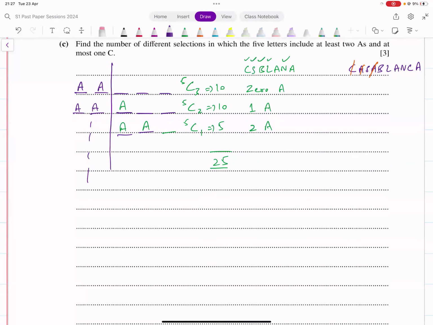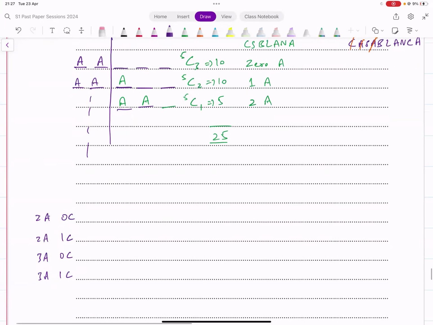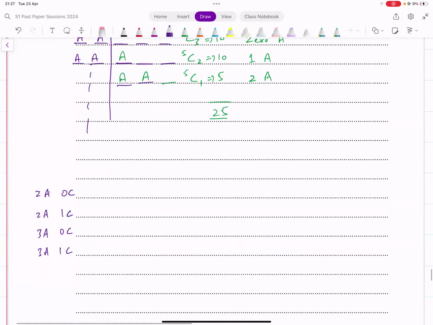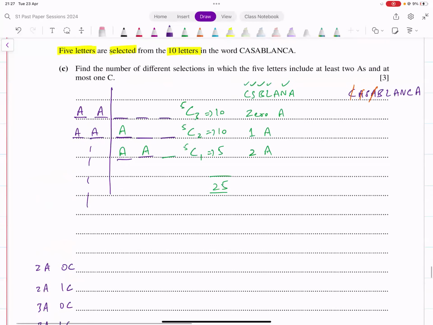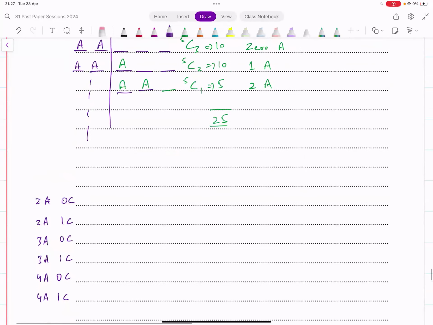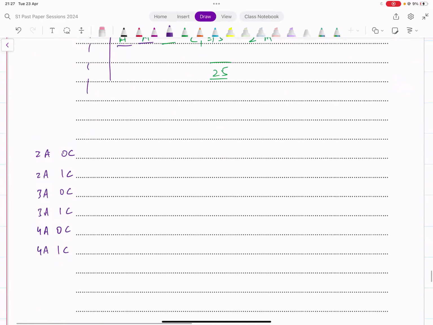So with A's, you could have 2 A's and 0 C, 2 A's and 1 C. With 3 A's, you'd have 3 A's and 0 C, and 3 A's and 1 C. With 4 A's, you could have 0 C, and with 4 A's, 1 C. At least 2 A's means 2, 3, 4 A's, and at most 1 C means 0 C or 1 C with each of those cases. So we get 6 cases like this.